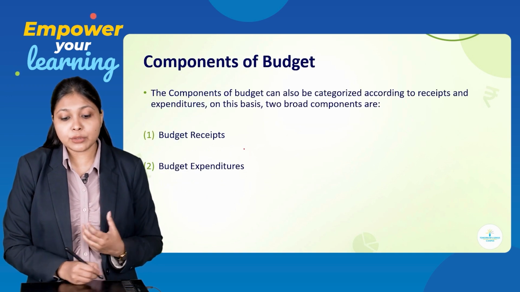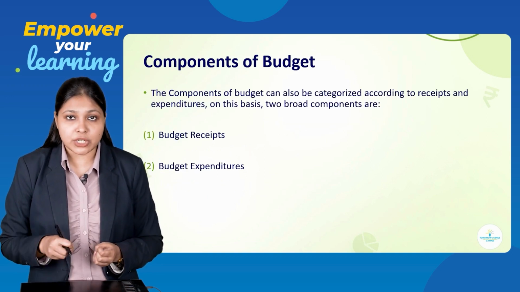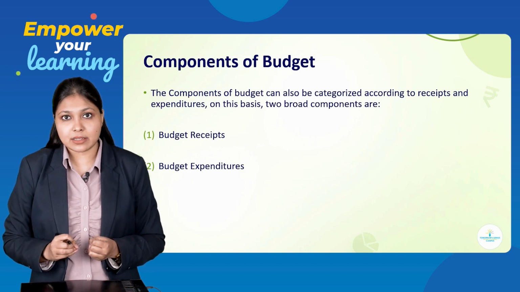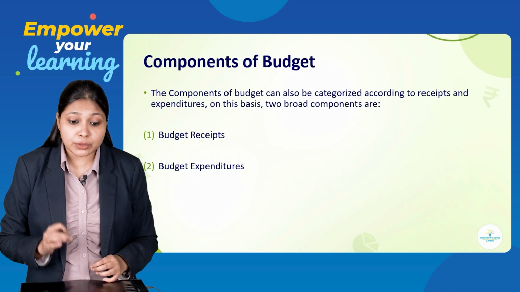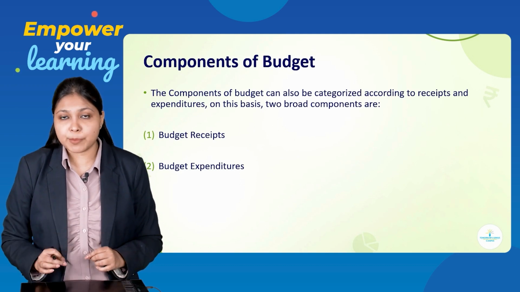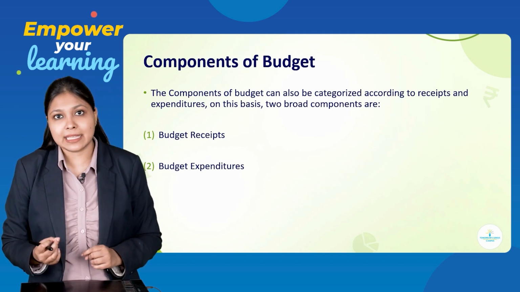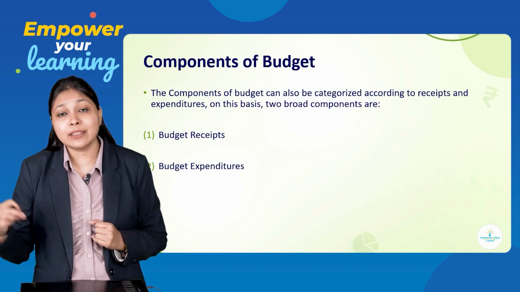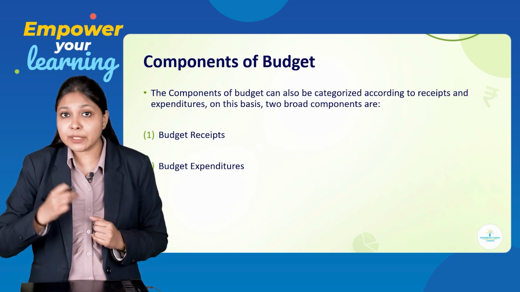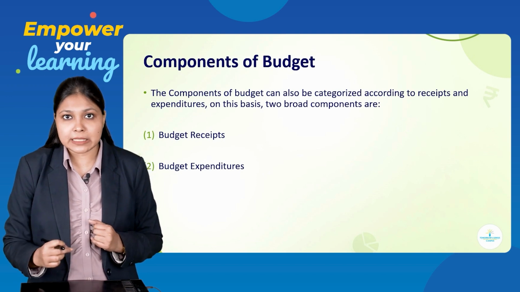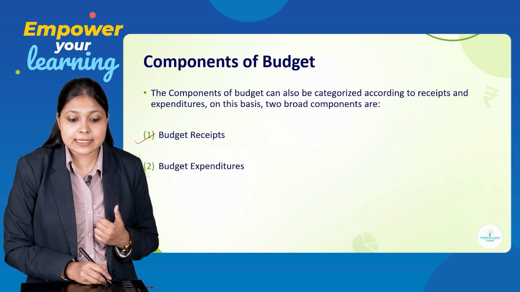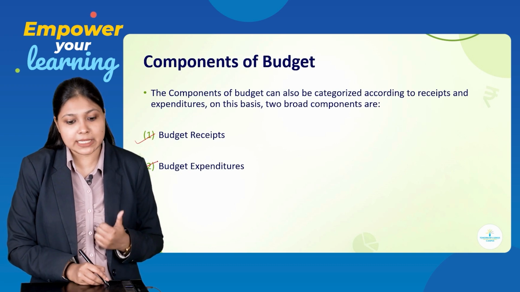Now we are going to discuss the components of budget, which can also be categorized through two means, that is through receipts and through expenditure. If we talk about receipts and expenditure, we have these components of two types, budget receipts and budget expenditure.